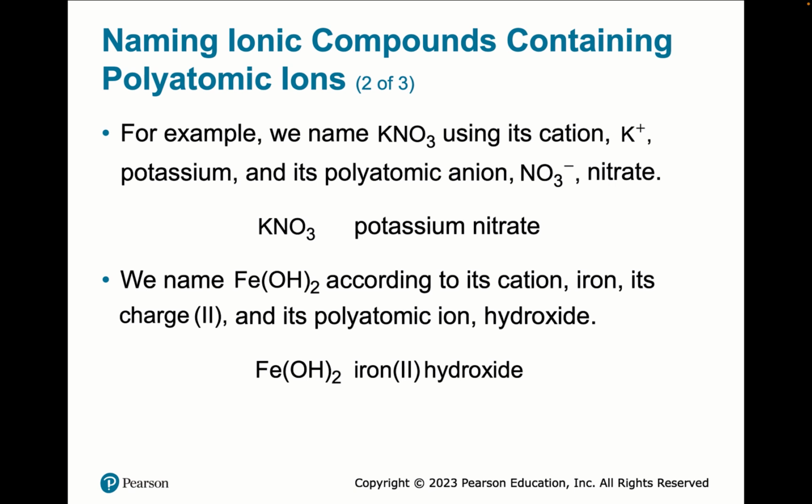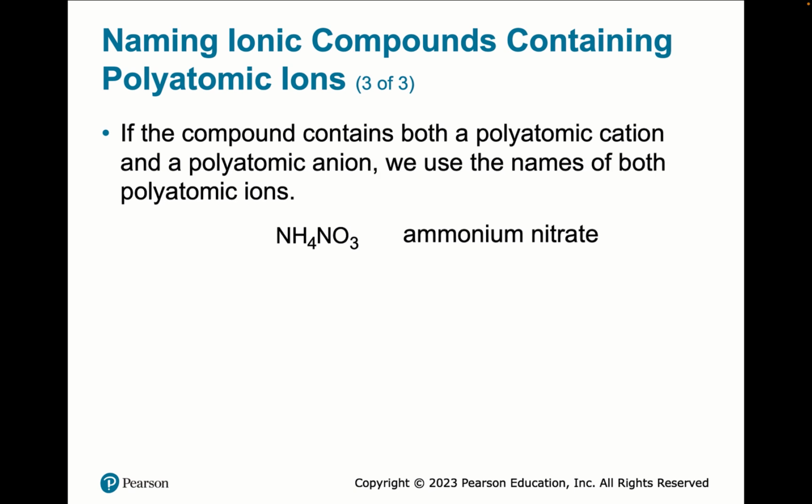Now iron 2 hydroxide: if you look at the chart, OH minus has a -1 charge, that means there's 2 units of -1, so the iron is forced to be +2. So we name this iron 2 hydroxide, with 2 in Roman numerals in the written part.